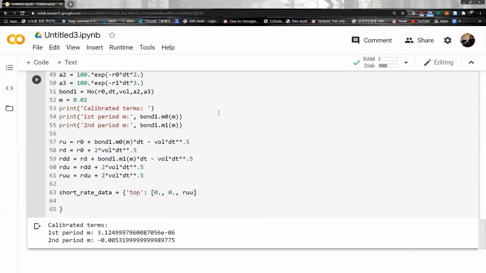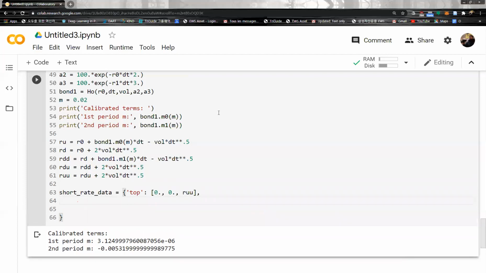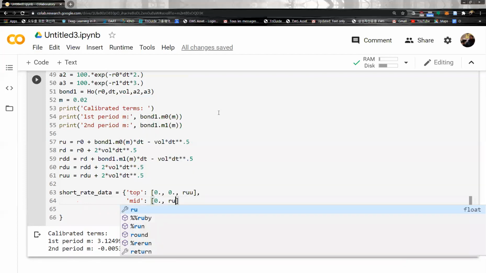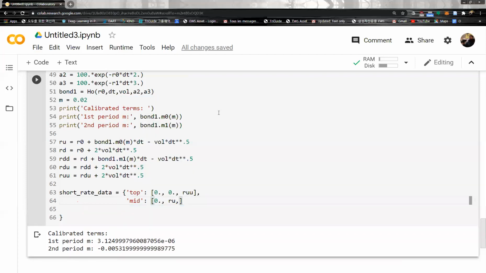Okay. And then middle, first one is 0, and the second one is RU. Okay. And then third one RDU going up.